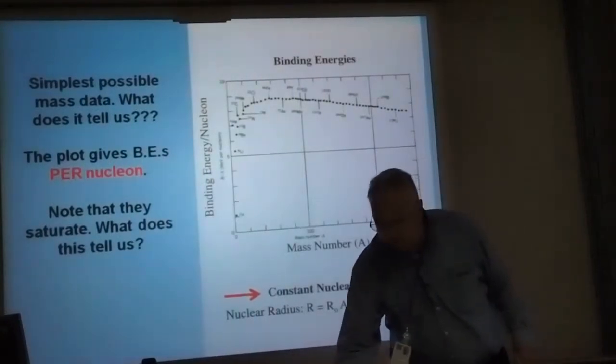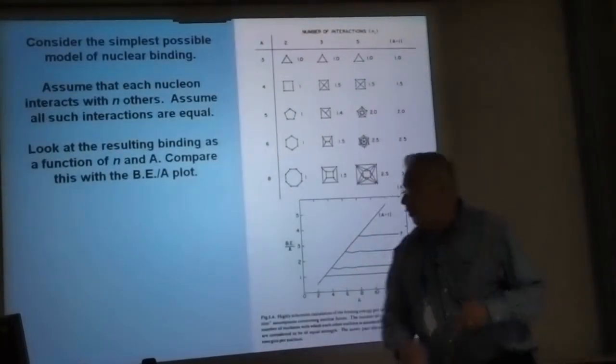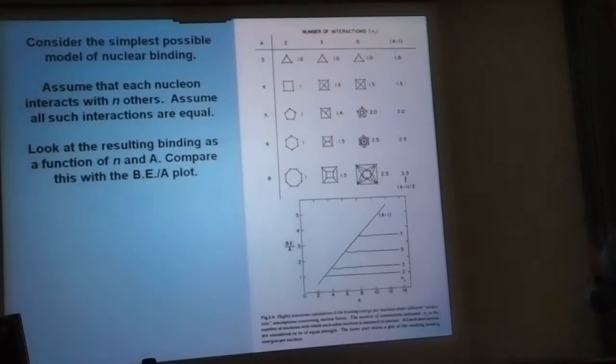So you can pretty easily convince yourself, although you wouldn't want to actually draw these drawings, that if each nucleon interacts with 10 to 15 other nucleons, you will reproduce that plot. You'll have a steep section when you have less than 15 nucleons, and then it'll go constant.